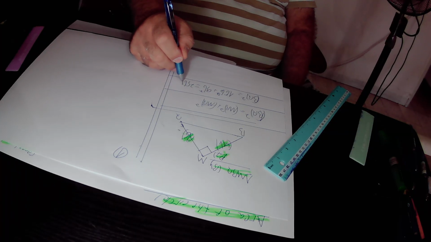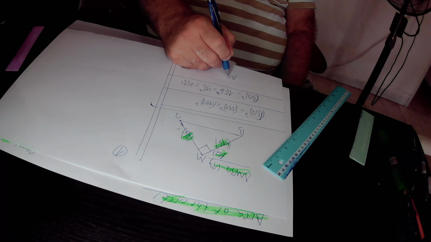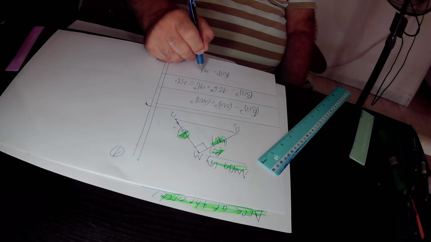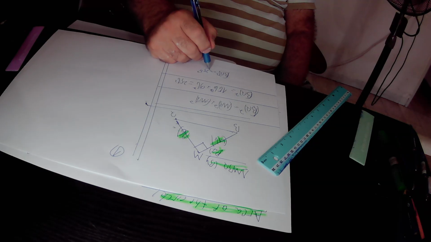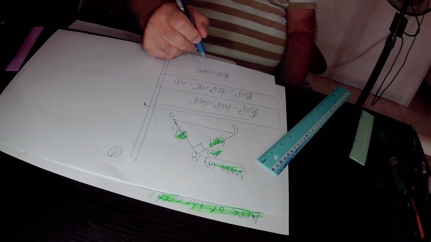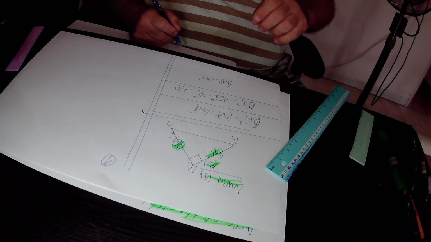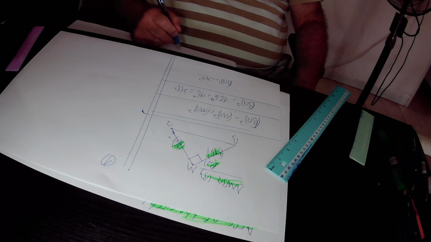So now we know that BQ squared equals 25B squared.